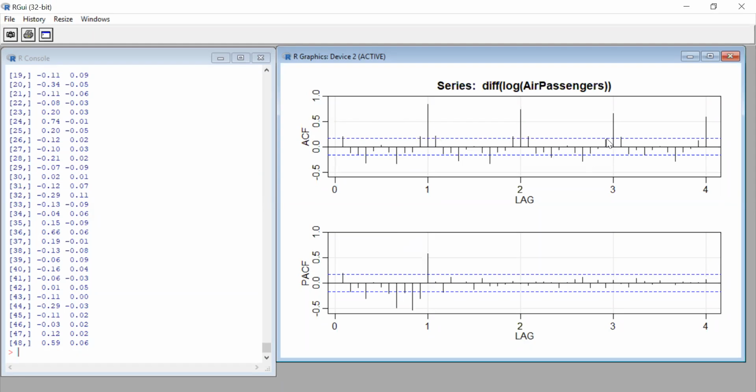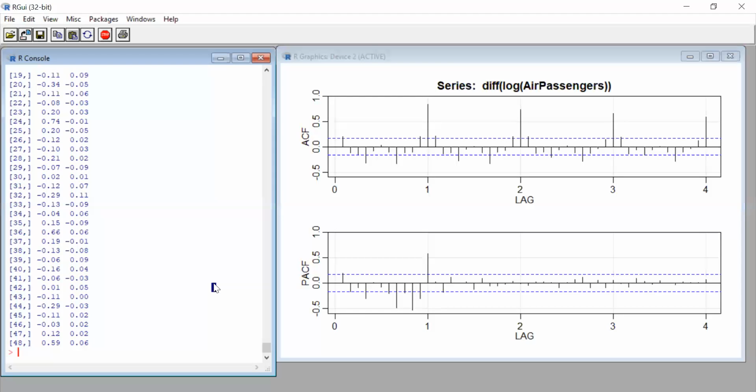Can you see that? The same patterns? But the PACF goes down and down, but after lag 1 there is nothing. So please focus on the first year in the ACF here and the PACF there. Yeah, so it is not clear.